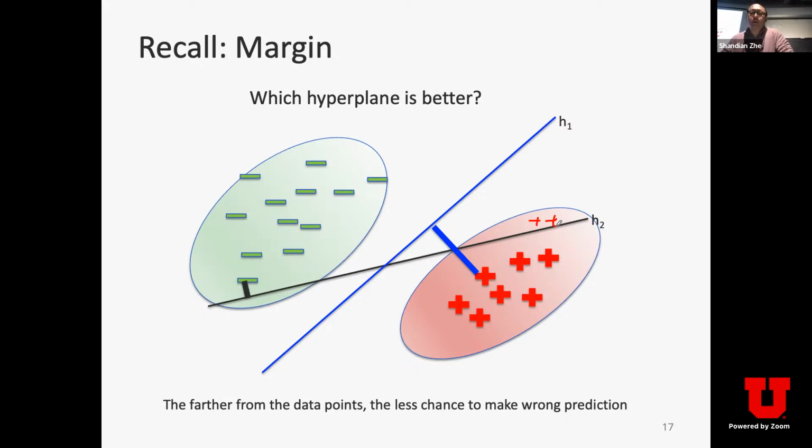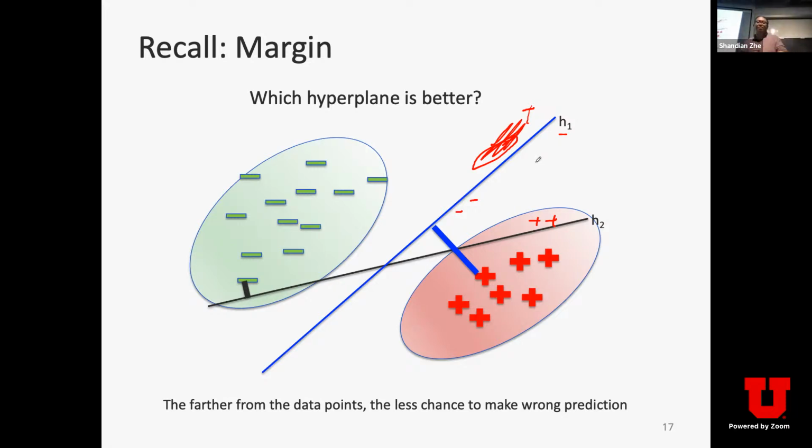If you instead choose a large margin classifier like H1, we can believe that these sides are low density regions for positive examples, so it's unlikely that you will see positive examples appear on this side to make H1 make a mistake. Similarly, H1 is also in the low density region for the negative examples. It's unlikely that you see negative examples showing up here where H1 would wrongly predict.